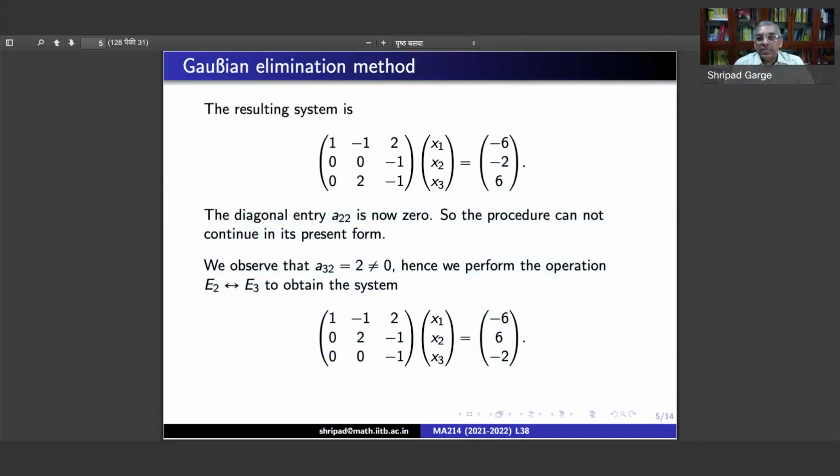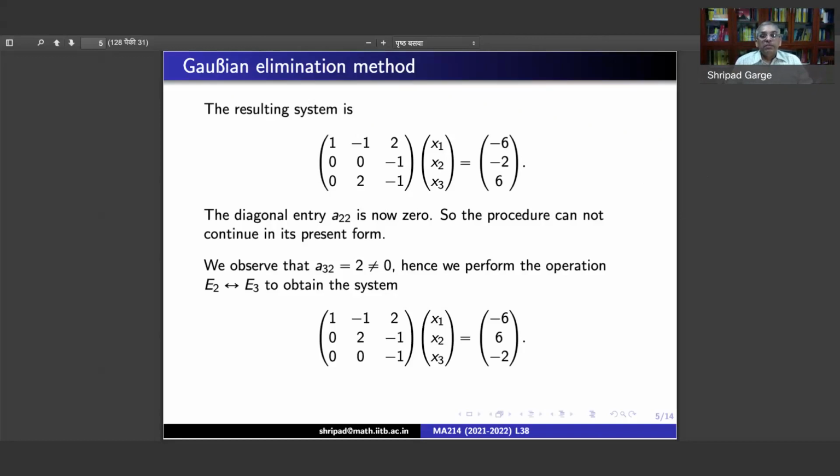To understand this, we have to note one thing which we are going to talk about when we talk about LU decomposition, which is that all these operations are effected by multiplying the system on the left by some matrix. So we are going to put some matrix B here. It will have to be put on the final small b also, because if you want to maintain the equality, you have to multiply both sides by the same matrix.